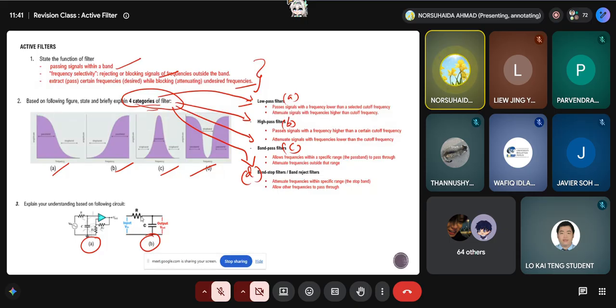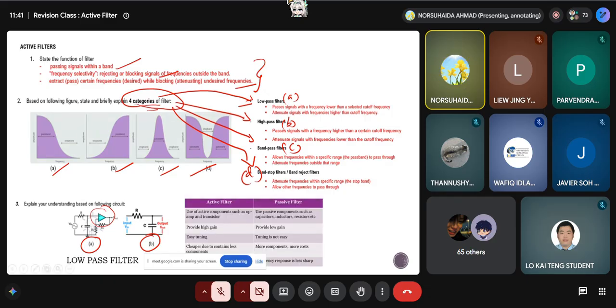This is also R and C, but the only difference is the additional active component here, which is the difference from A to B. So from this, we can see that this is an active filter compared to a passive filter.